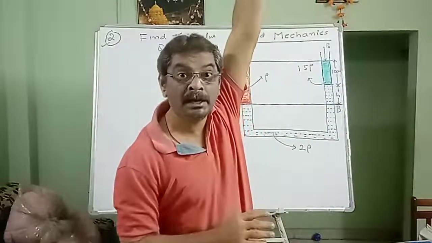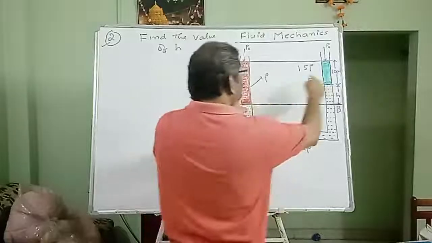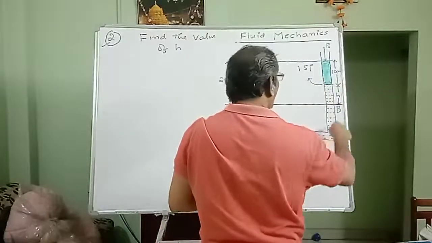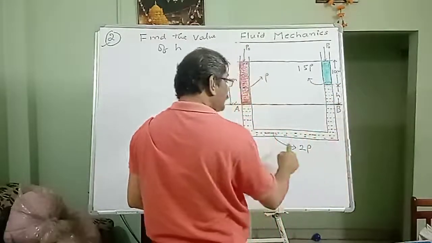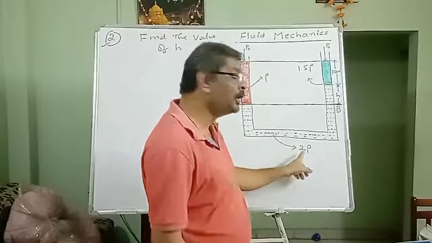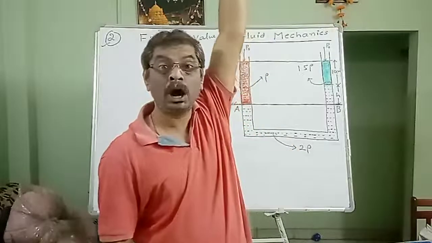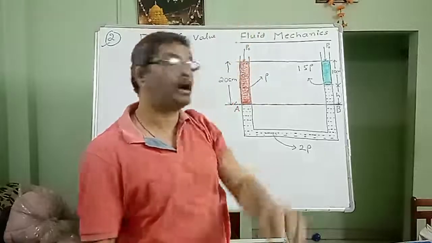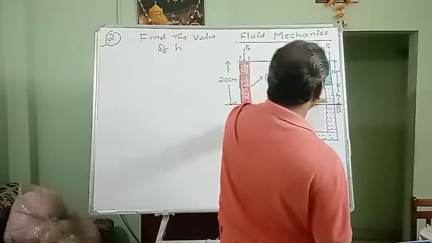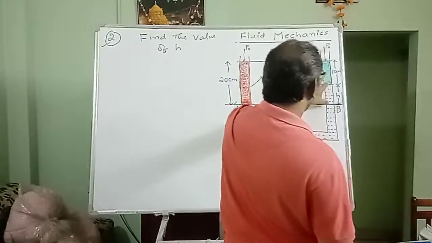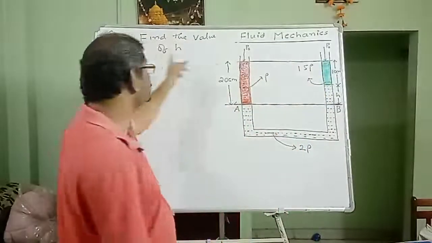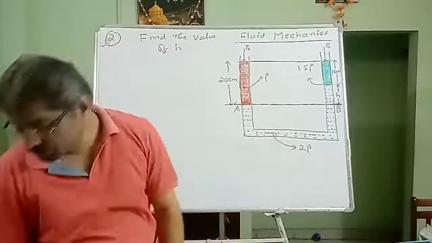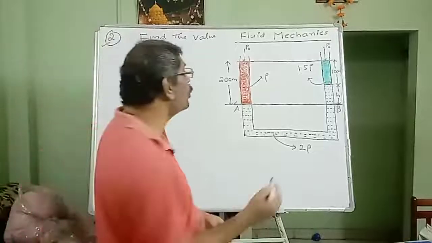In between the two liquids, we got another liquid of density 2 rho. So we need to find the value of H.